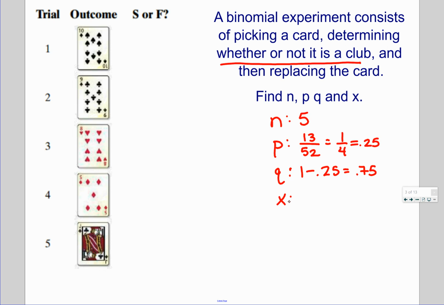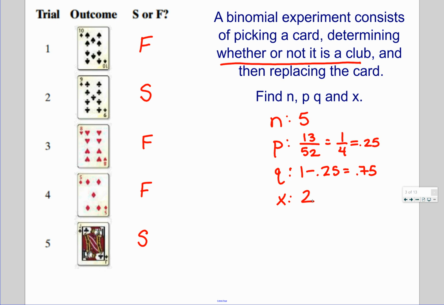Was it a success or a failure? Failure. The second card drawn, success or failure? Success, it's a club. Then you can see we have a heart, that's a failure, a diamond, that's a failure, and another club, that is a success. So our X here is 2 for this particular experiment.